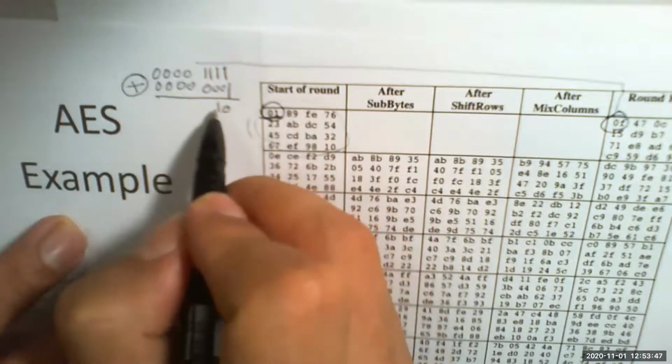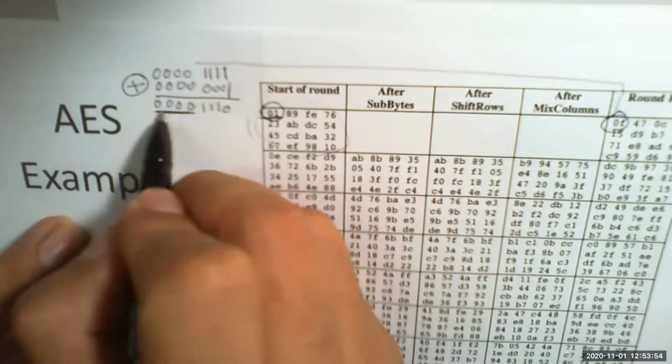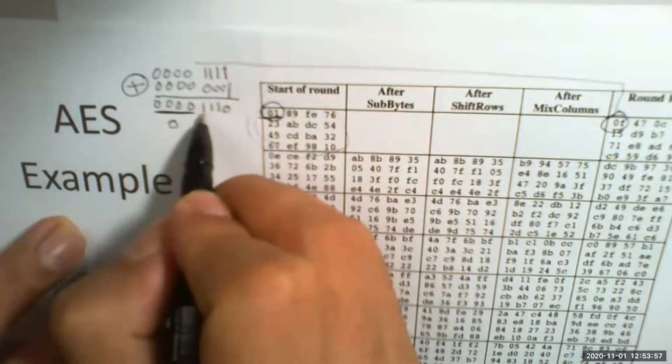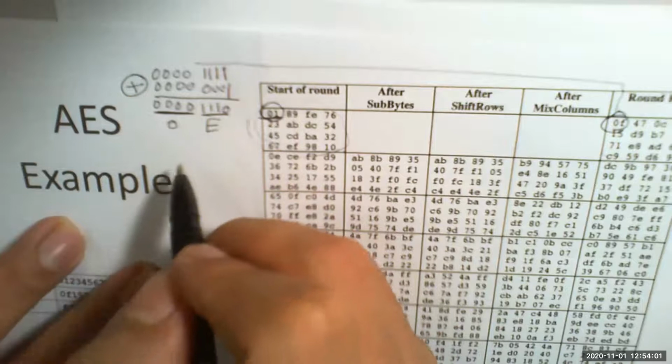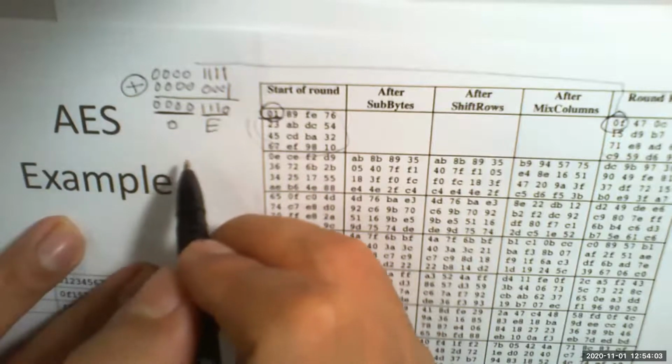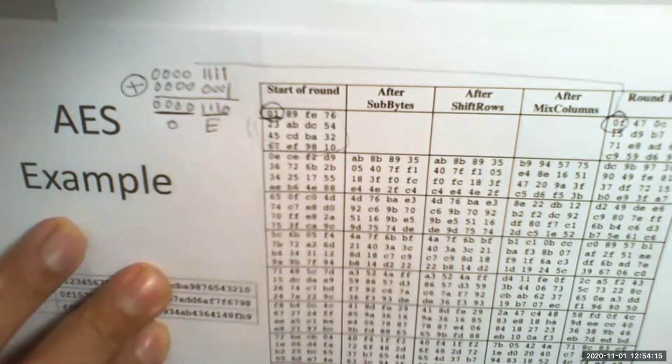The XOR gives 0, and 1110, which is E. You have to know how to convert from binary to hexadecimal.